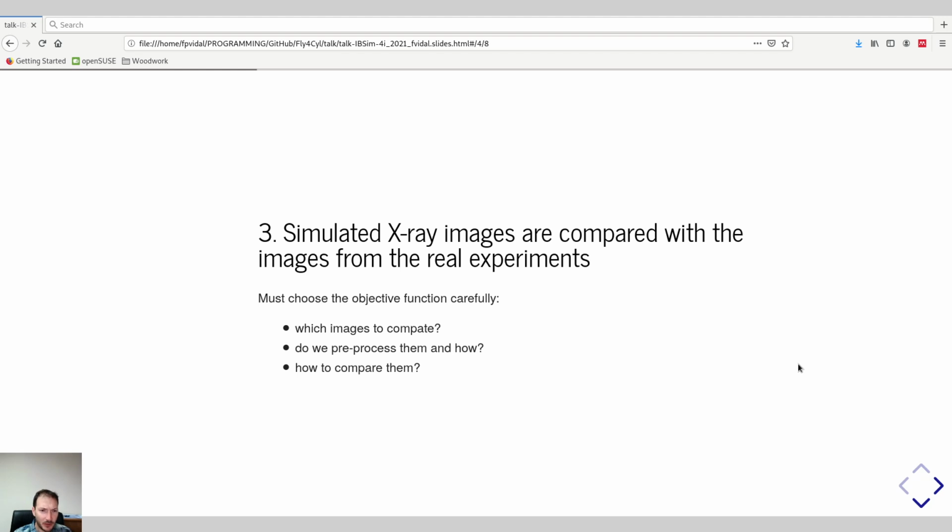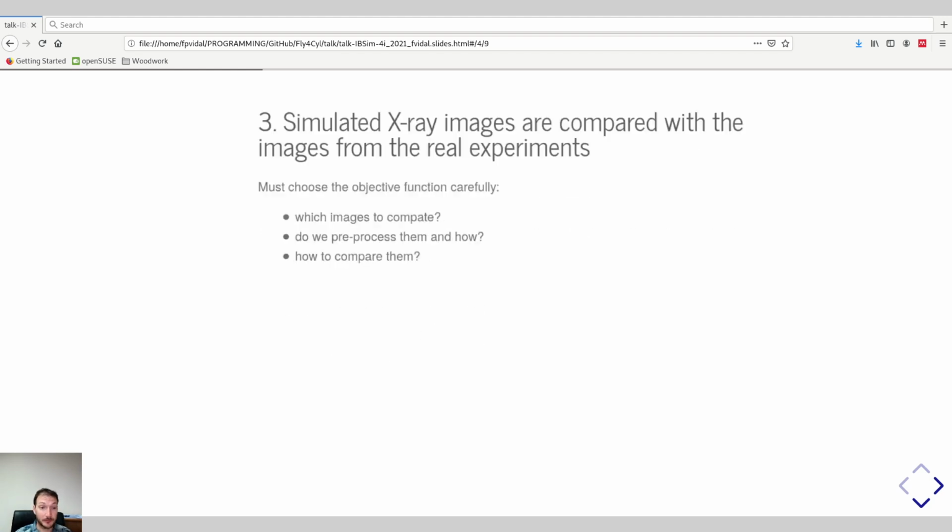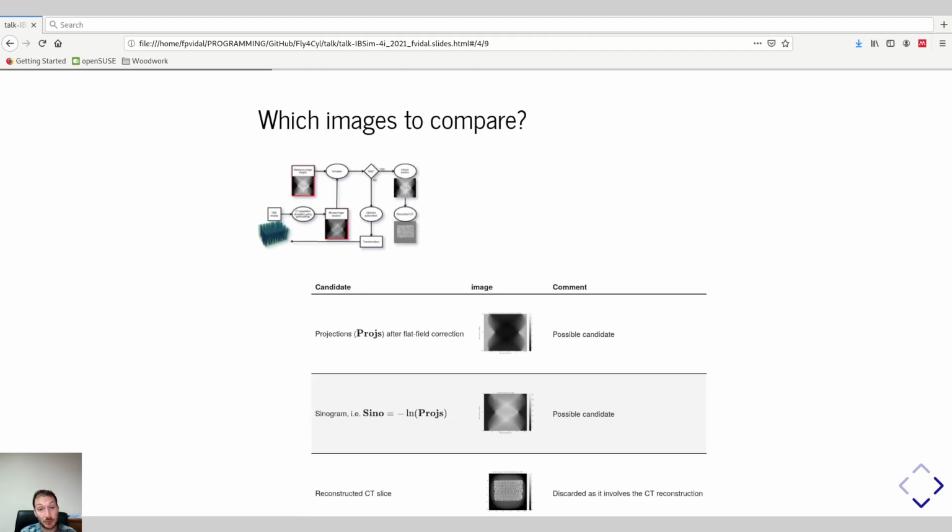So one of the main components of the framework is the objective function. There are three components. Which image do we simulate and compare? Do we pre-process them? And how do we actually compare them? So there are three images we could consider: the raw projection after flat field correction, the sinogram, or the CT reconstruction.